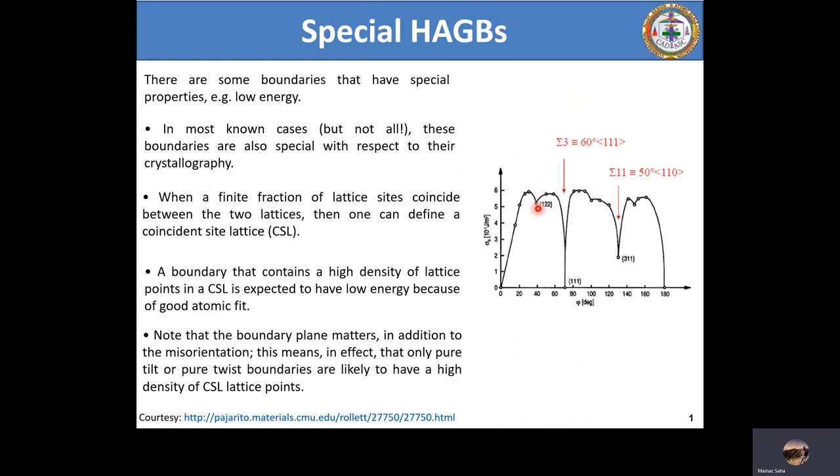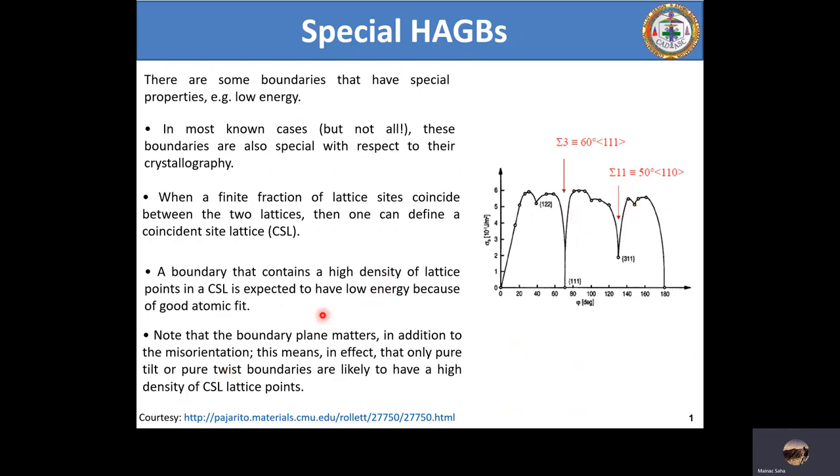There is a local minima, or a dip in the grain boundary energy versus misorientation plot here, but then the minima is not that low. The value of the grain boundary energy at this minima is comparatively much higher than that for the sigma 3 and sigma 11 boundary. So this we have to keep in mind.